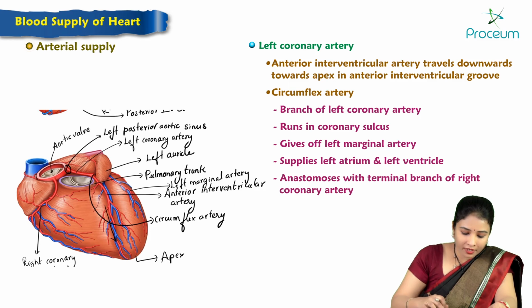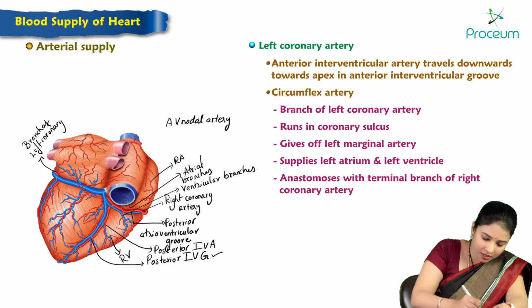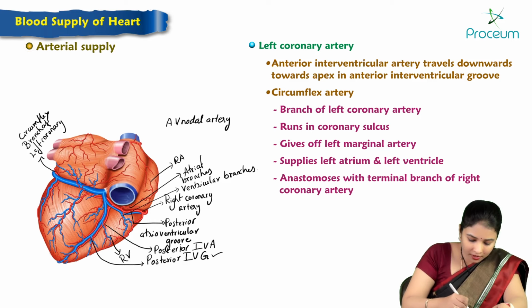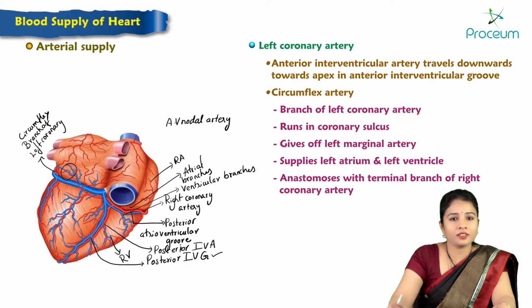So this is the circumflex branch of the left coronary artery. We can see it terminates by anastomosing with the branches of the right coronary artery.